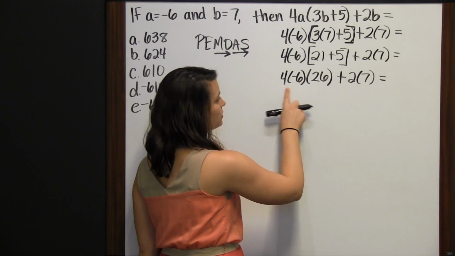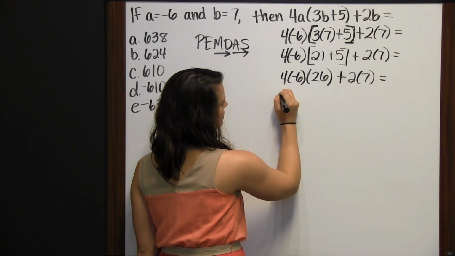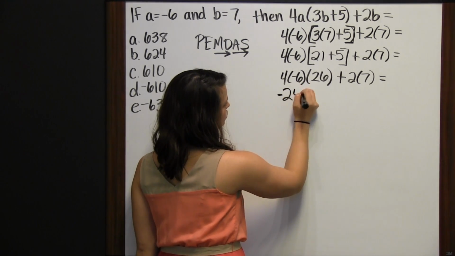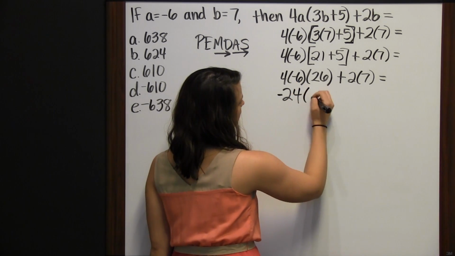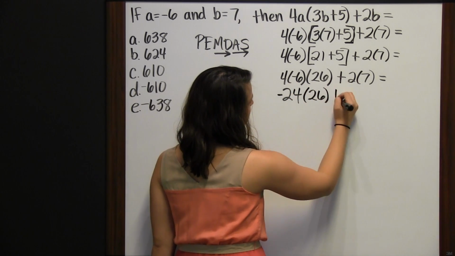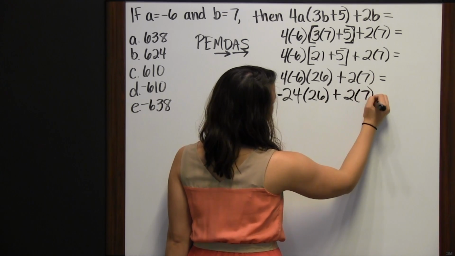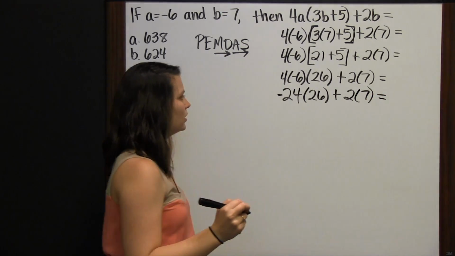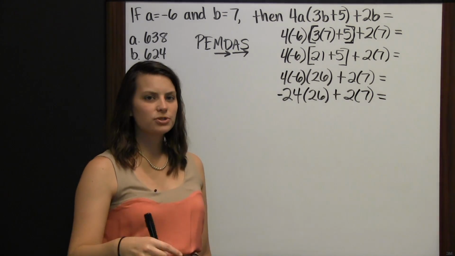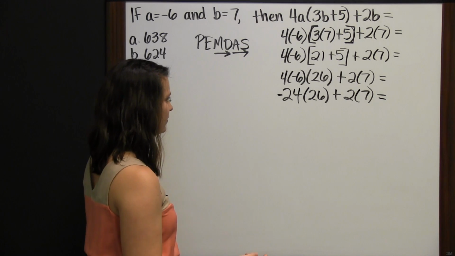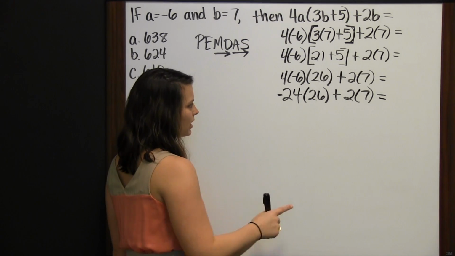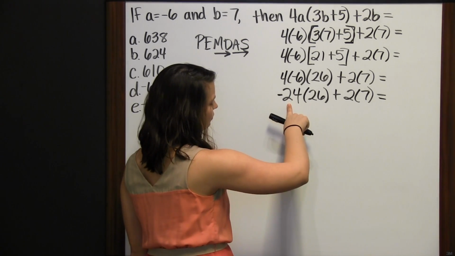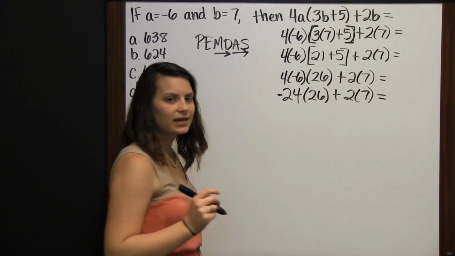So I'll first multiply 4 times negative 6, which is negative 24. Positive times a negative is a negative, times 26 plus 2 times 7. So we want to continue working our multiplication from left to right until we've simplified all multiplication, which means I need to multiply negative 24 times 26 next.